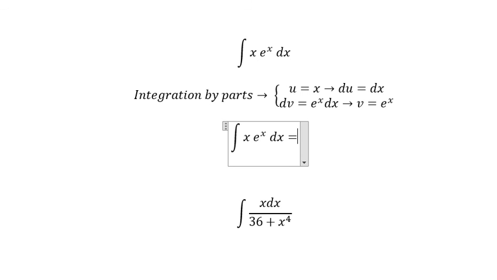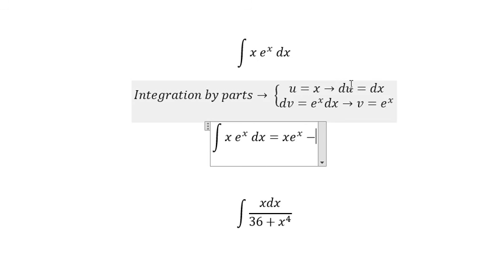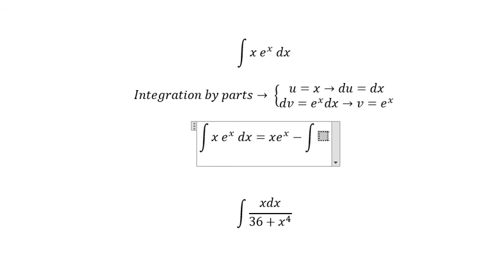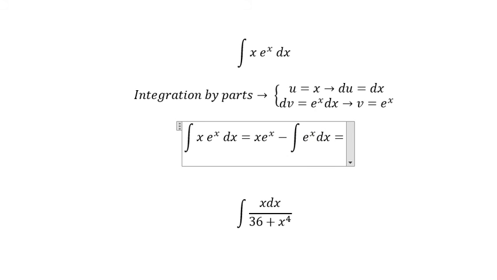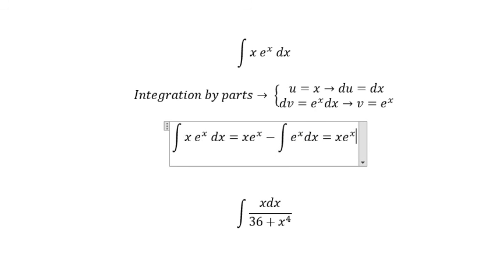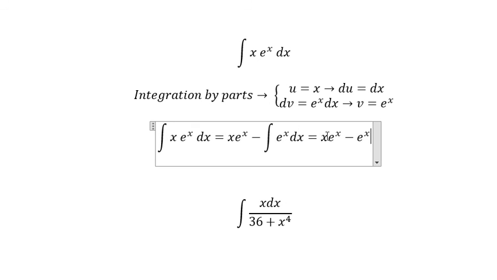So we got u multiplied with v. We have du multiplied with v, so you got the integral e to the power of s ds. So we got s e to the power of s minus e to the power of s plus c.